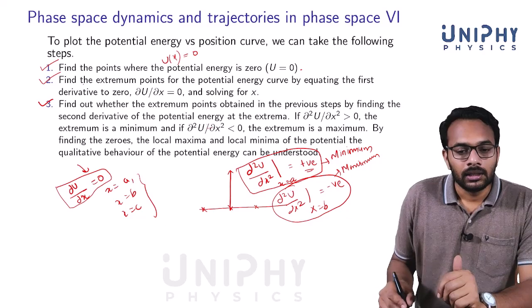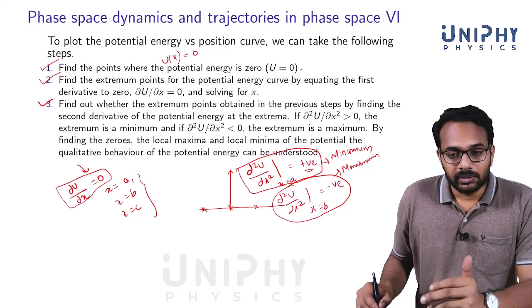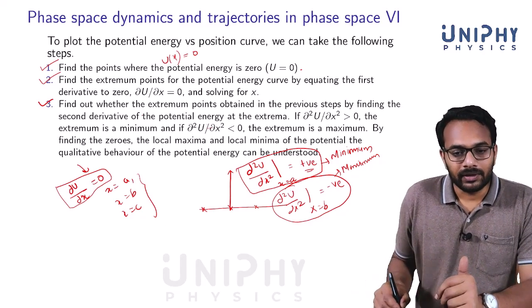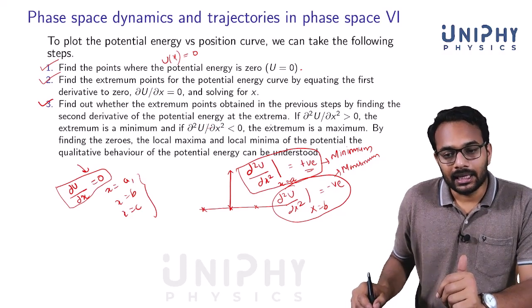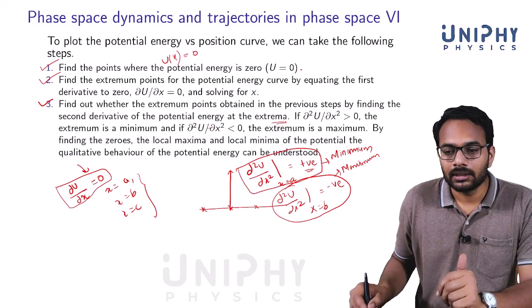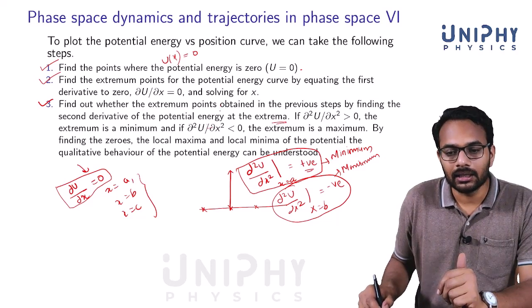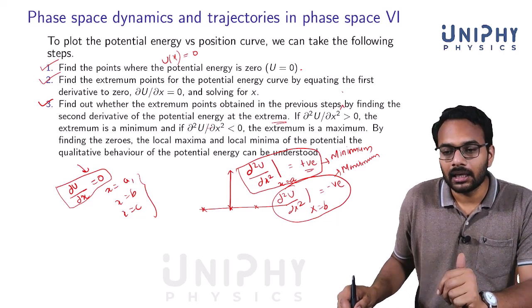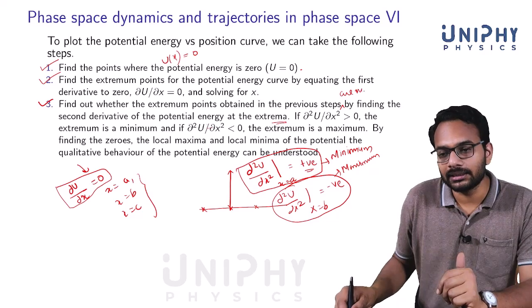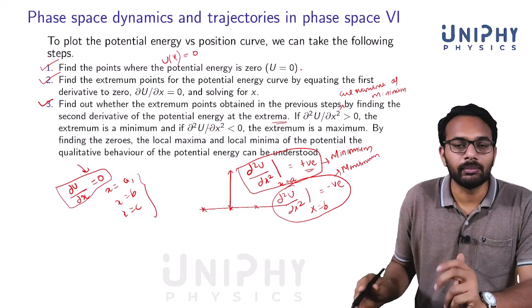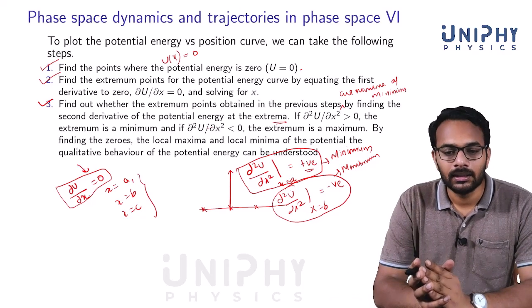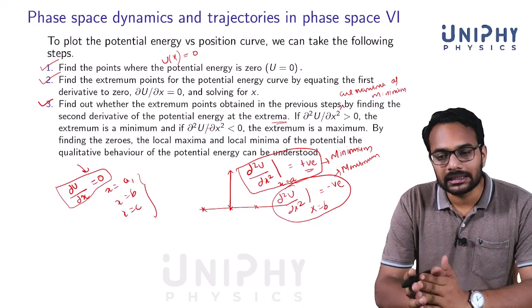So, find out whether the extremum points obtained in the previous steps are maxima or minima, by finding the second derivative of the potential energy at the extrema.